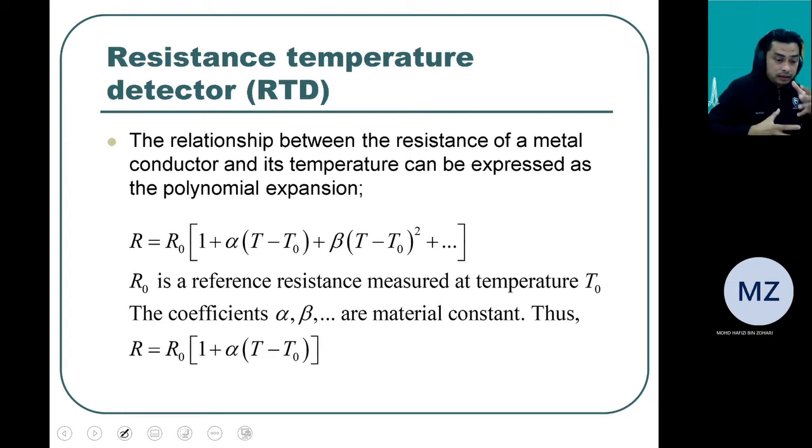Like I said, RTD is based on the resistance, so it always measures the resistance, and it relates to the voltage. The original equation is a polynomial expansion, but if we simplify this polynomial expansion, we get this one.